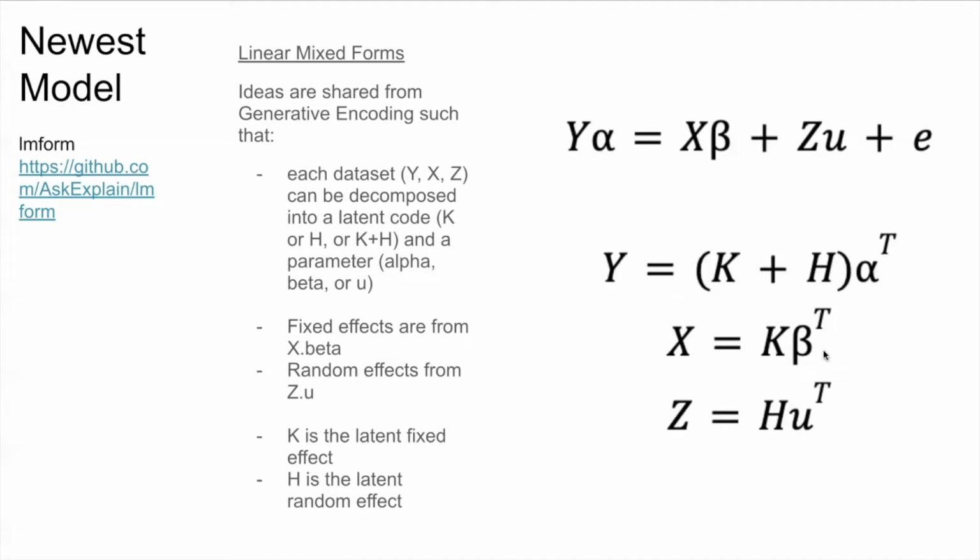And then if we look at the next line, we have X is decomposed to K beta transpose. Now this K here is similar to the K in Y, except that in Y we also have this H latent parameter, where the H appears in Z instead. So the reason why I divide X and Z into K and H and sum K and H in the form of Y is that X is the fixed effects of the linear mixed model and Z is the random effects of the linear mixed model.